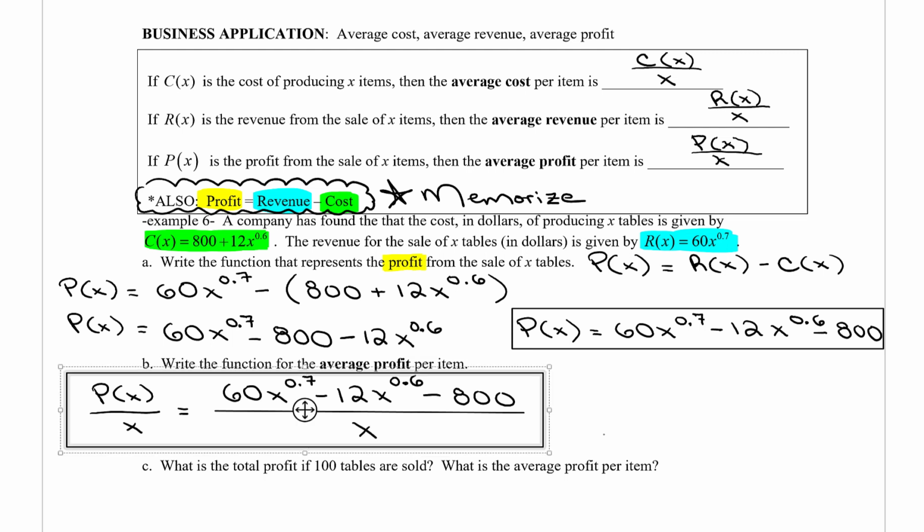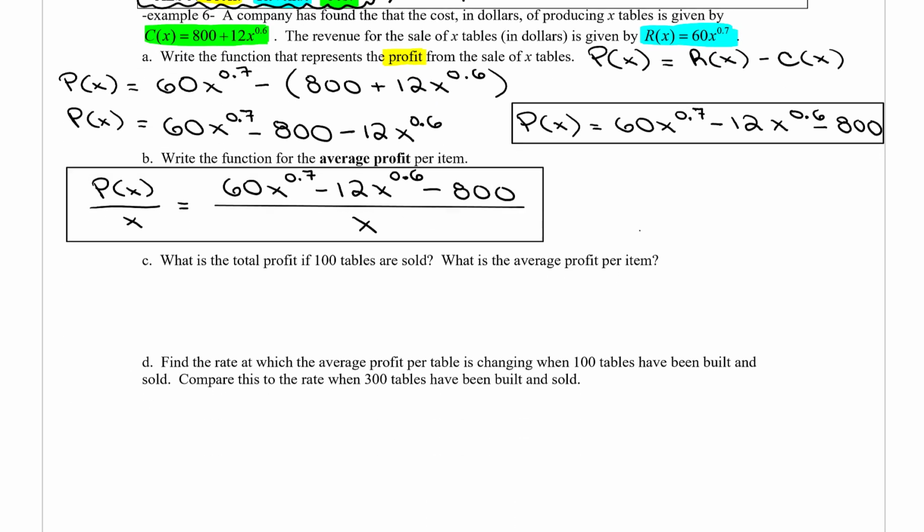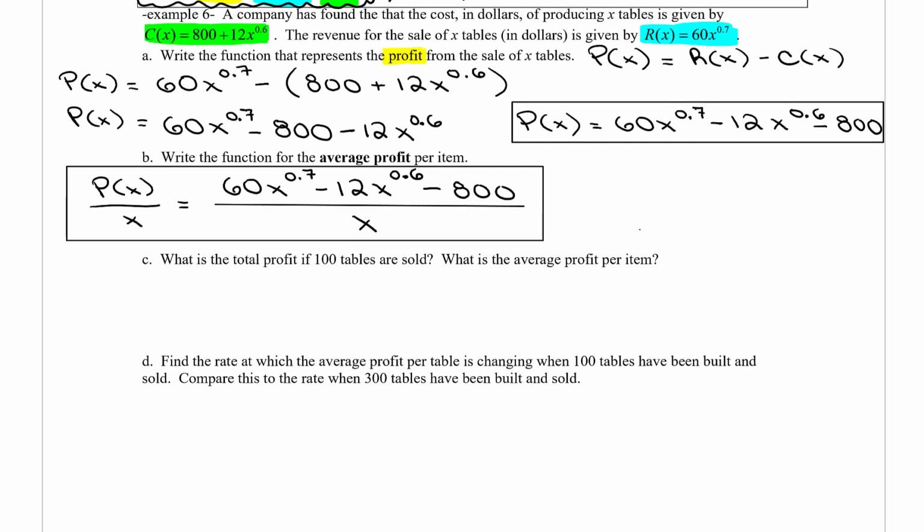C, what is the total profit if 100 tables are sold? What is the average profit per item? So we're going to use the profit function first. P of x equals 60x raised to the 0.7 power minus 12x raised to the 0.6 power minus 800. Instead of x, we're going to substitute 100.